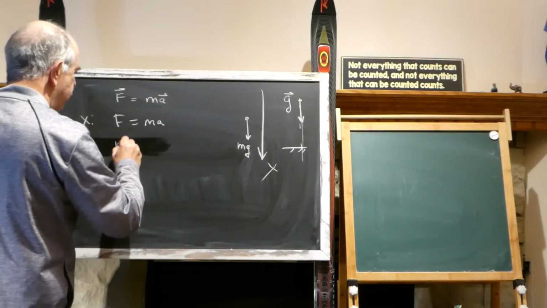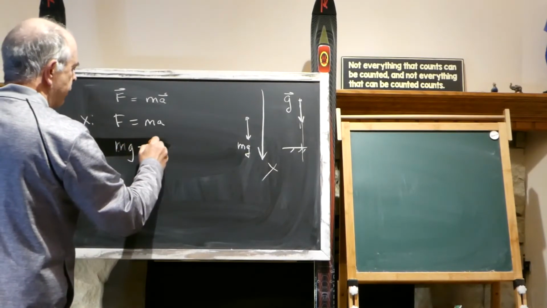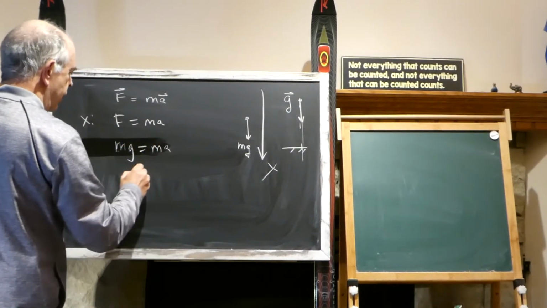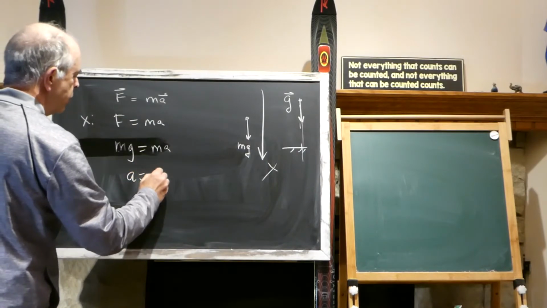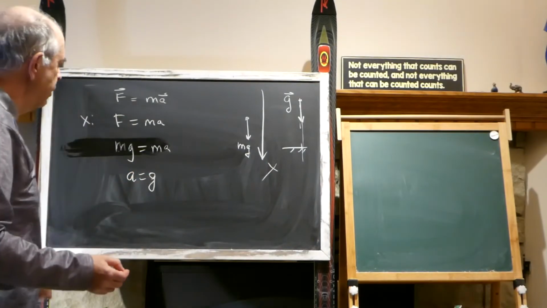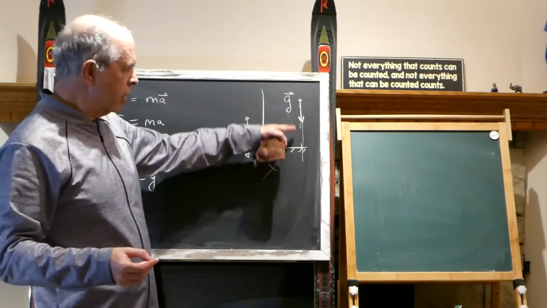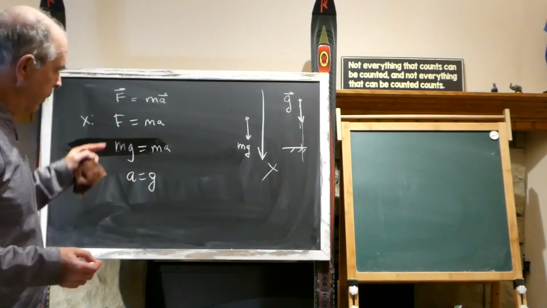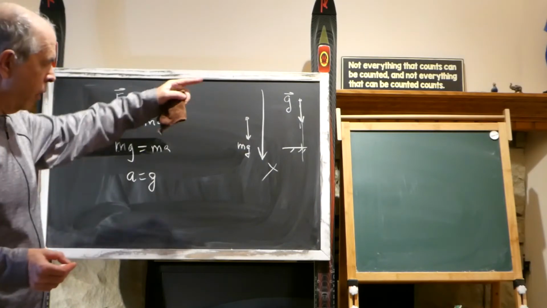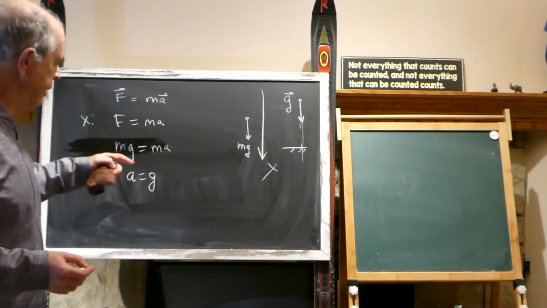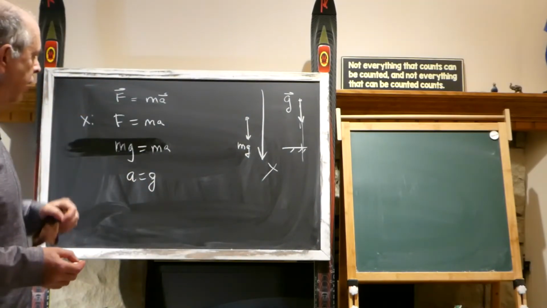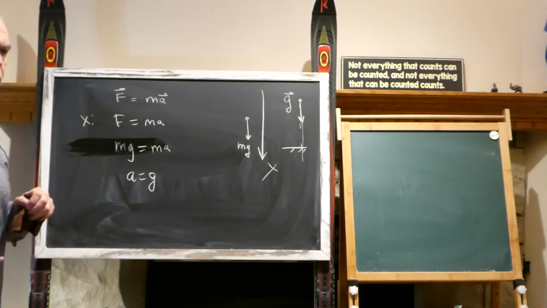Instead of F, I put mg. I have mg equal ma, and I have a equal g. And that's it. We just derived that the acceleration of every body free falling above the ground is g, and we did it using second law of motion.